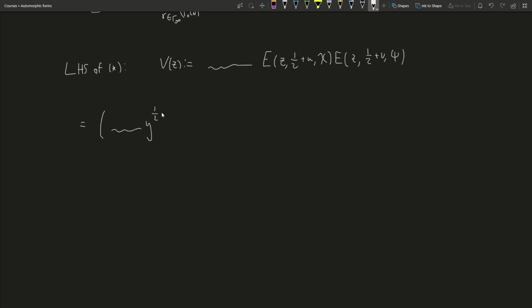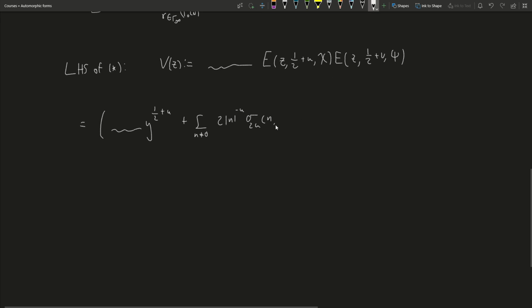It's going to be y to the 1/2 plus u, and then you're going to have a sum over n not equal to 0 of absolute value of n to the minus u, sigma 2u, and here I'm using the convention that when I say sum of divisors of n, I mean sum of divisors of the absolute value of n.